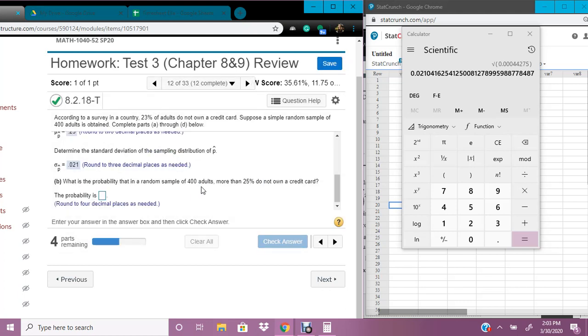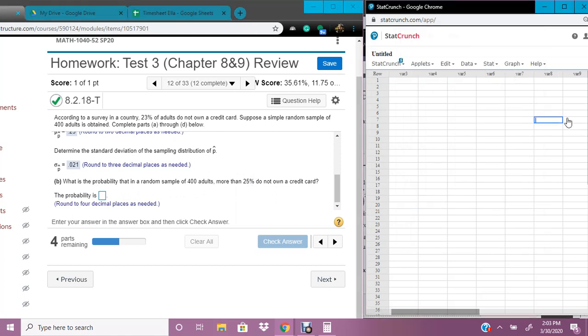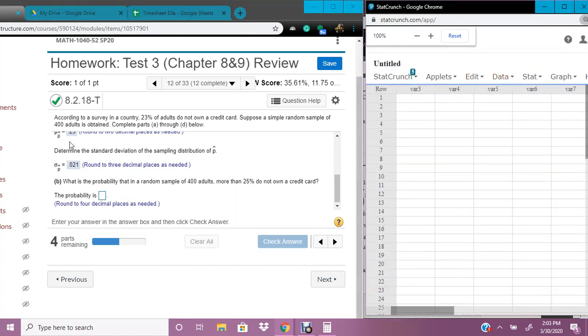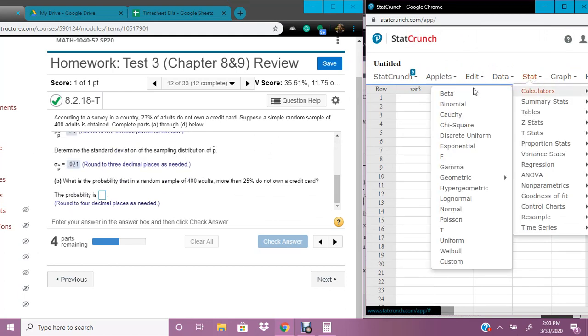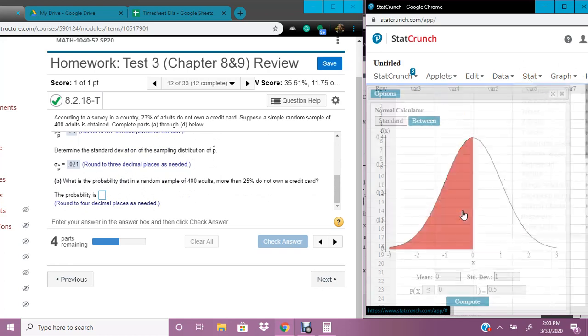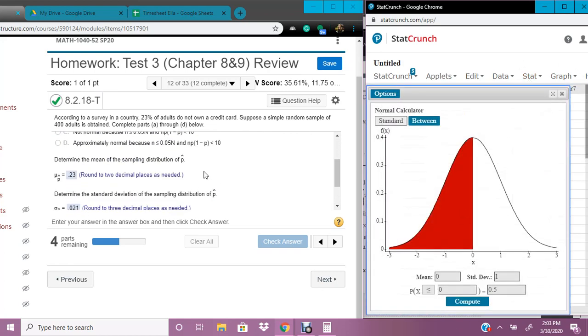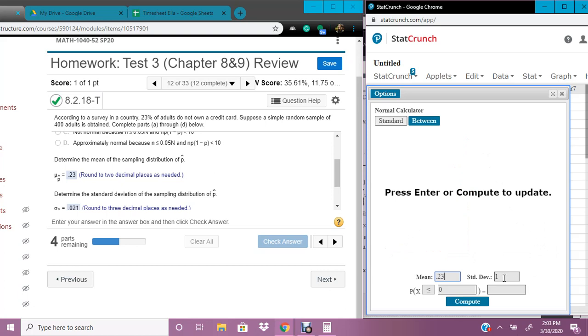Okay. And so now we're going to use our calculators in StatCrunch. We said that it was normal up here, so that means that we can use our normal calculator. We plug in our mean and standard deviation that we already inputted.